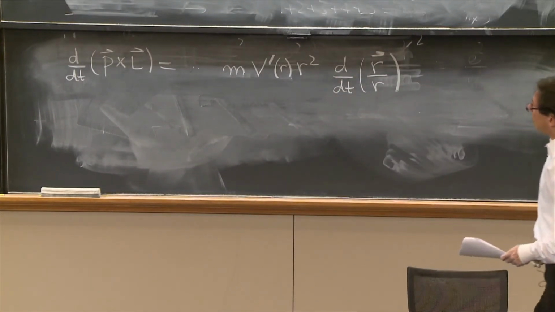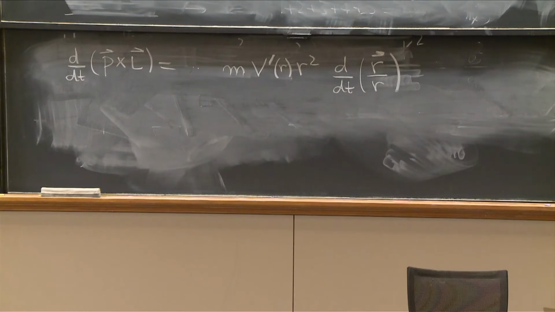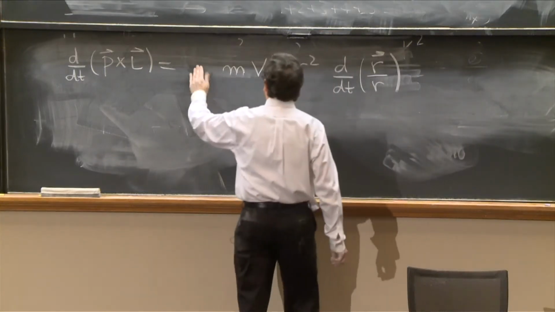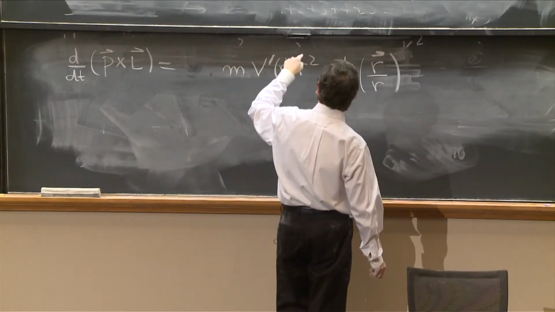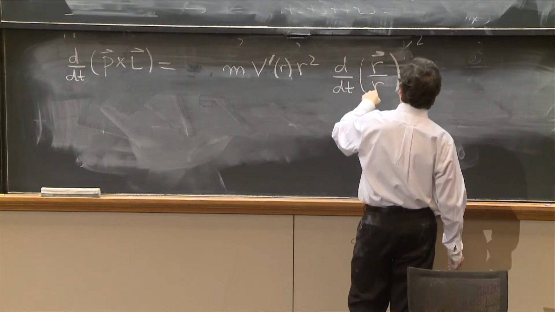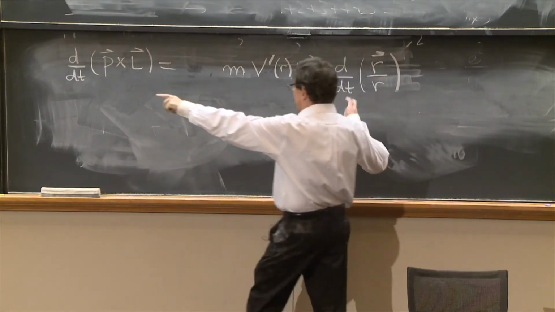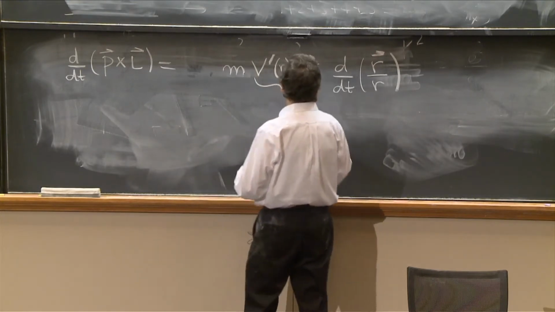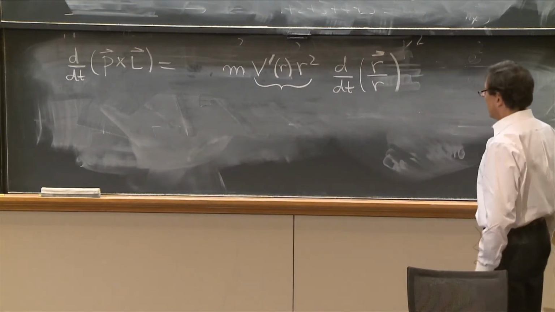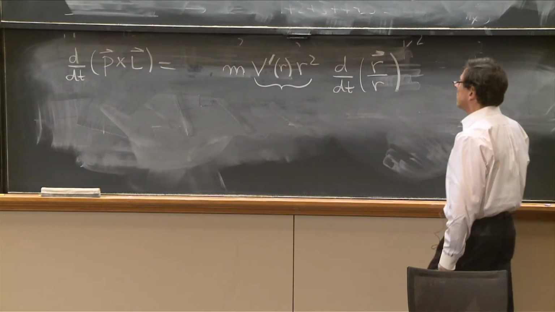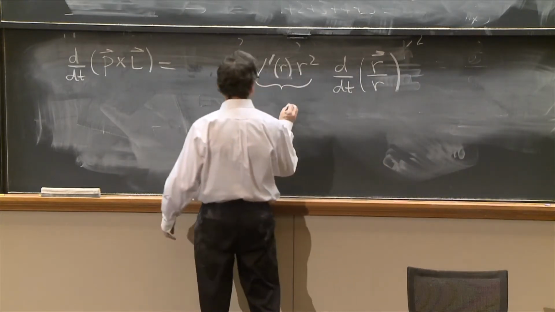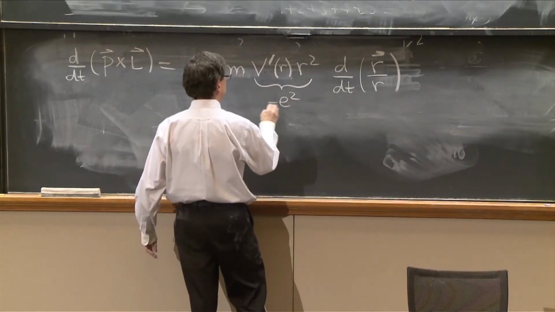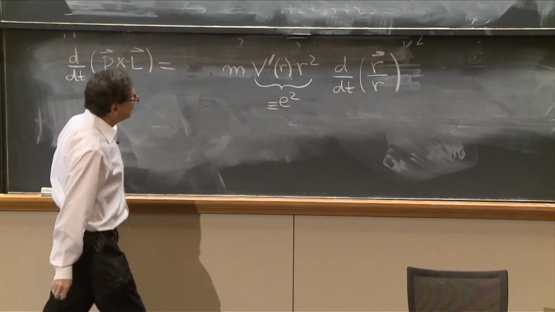Just by manipulating the time derivative of P cross L, you get this, which is equal to m times the potential differentiated times r squared times the time derivative of r hat. So you can get a conservation if this is a constant. So when is this a constant? If this is some constant, say e squared, you would get a conservation.